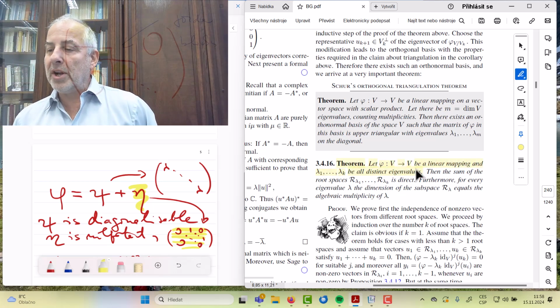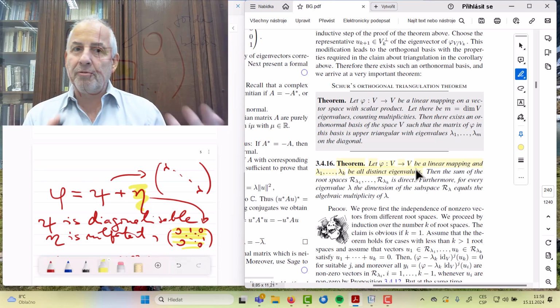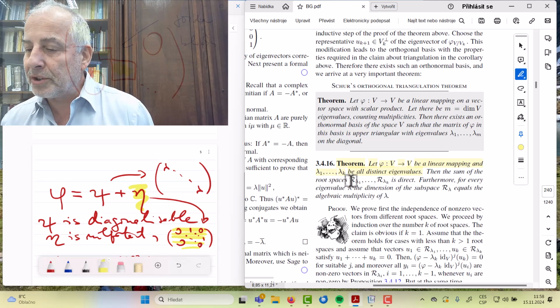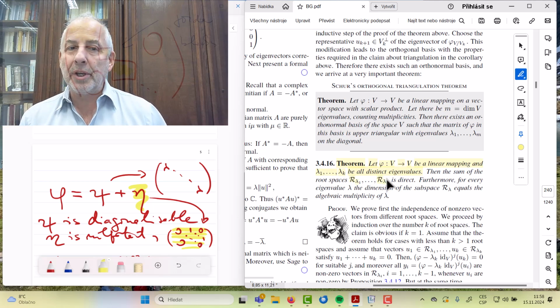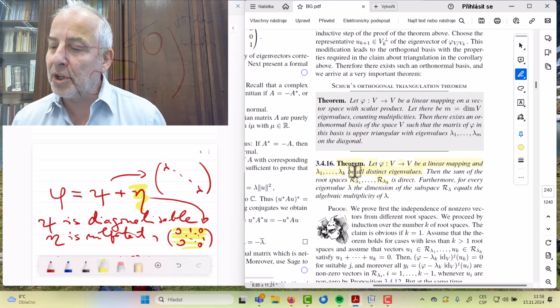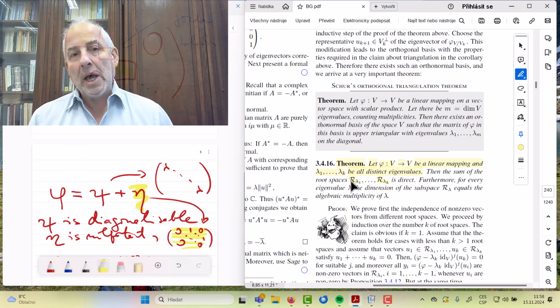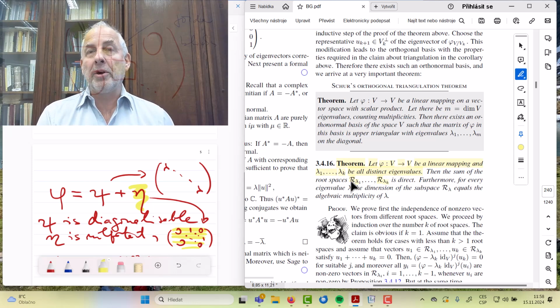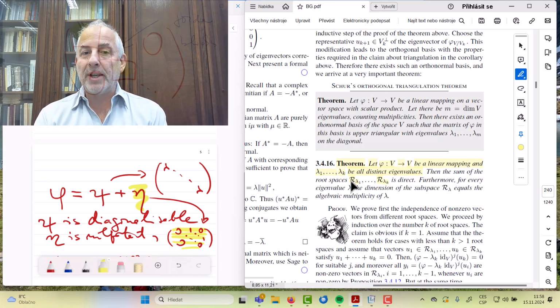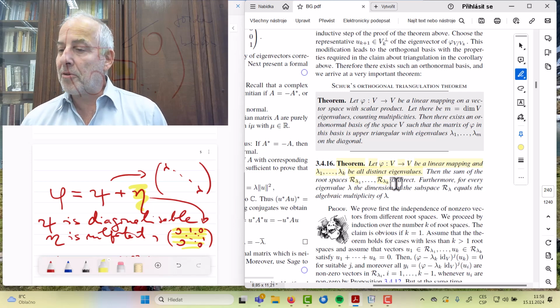You simply have a linear mapping, you find all the distinct eigenvalues, you write down the root spaces for them, and it's possible to prove that the whole space is a direct sum of these invariant subspaces. So for each linear mapping I've got a decomposition of the whole space into root spaces. This is the first step.